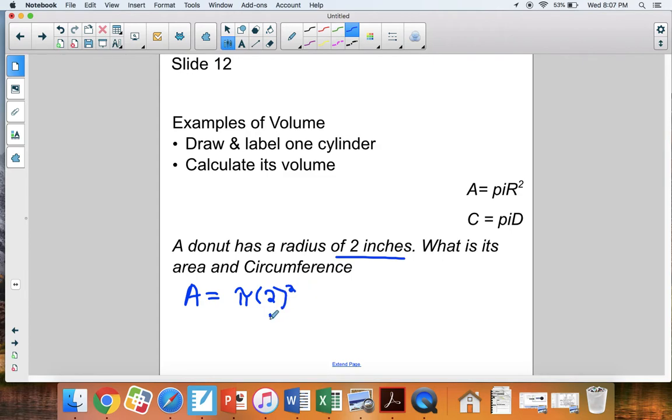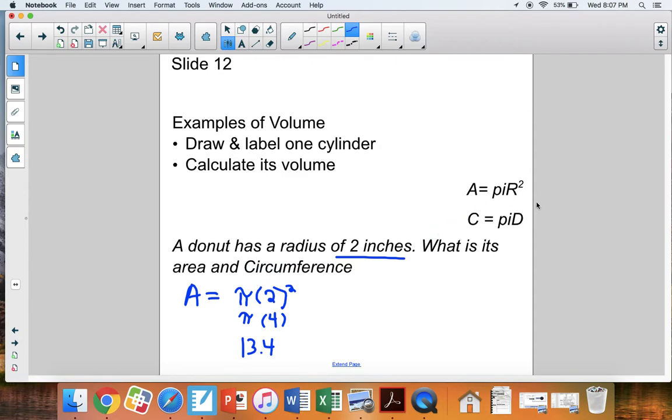And 2 squared is 4, times pi, ends up being about 13.4, I think. I don't have a calculator on me right now, but if I put pi 3.14 times 4, it's going to get to be about right there.